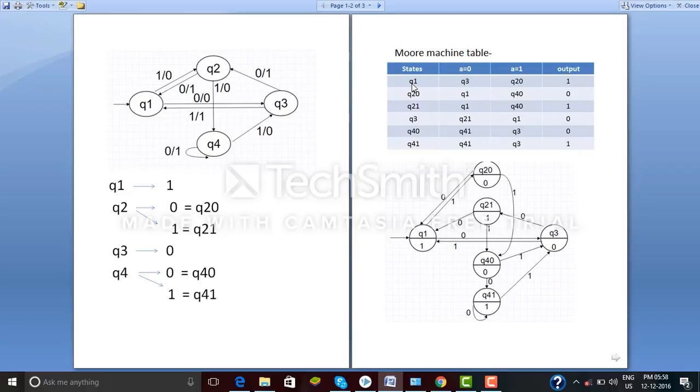So we draw Q1 with output 1 in one circle, Q2 0 with output 0 in another circle, Q2 1 with output 1 in another circle, Q3 with output 0 in this circle, Q4 0 with output 0 in this circle, and Q4 1 with output 1 in this circle. Now as Q1 is the initial state, we start from here.